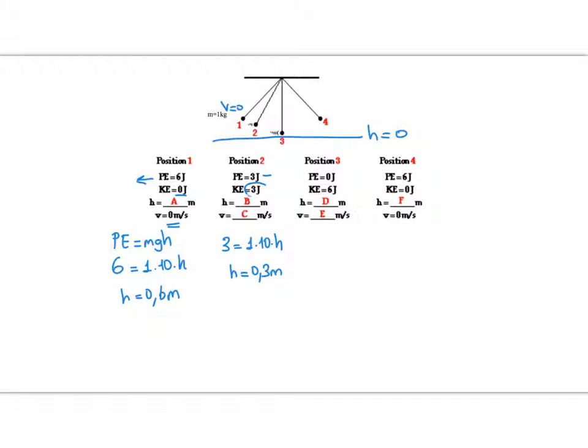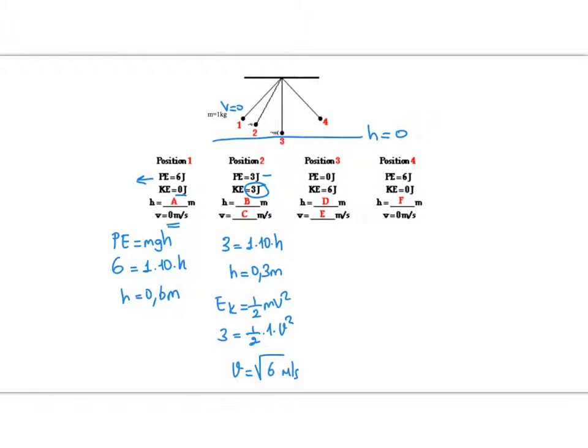So you see that 3 joules of kinetic energy is gained from the transformation of the lost potential energy. So kinetic energy is equal to 1/2 mv². So 3 is equal to 1/2 times 1 times v². So I have the velocity √6 meters per second.